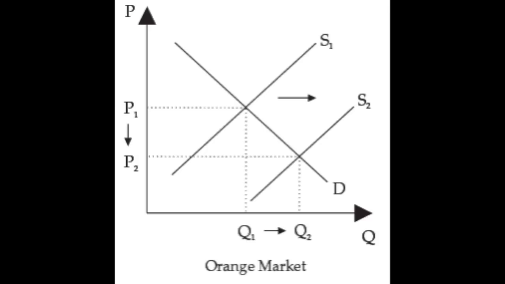Well, the new equilibrium price is lower and the new equilibrium quantity is higher. What happened is supply increased, and then we moved along the demand curve. So the quantity demanded increased, but the demand stayed the same. I'm stressing that distinction again.